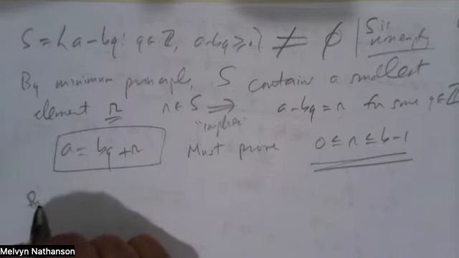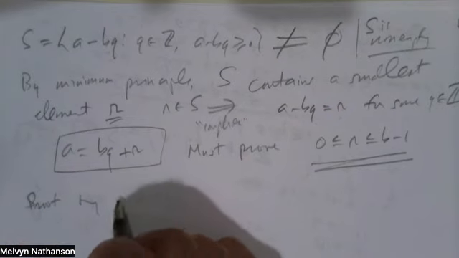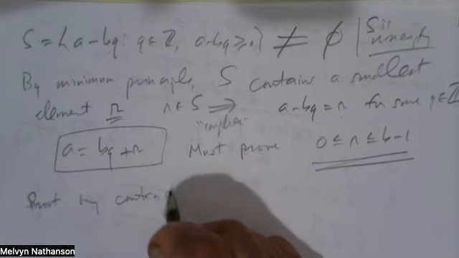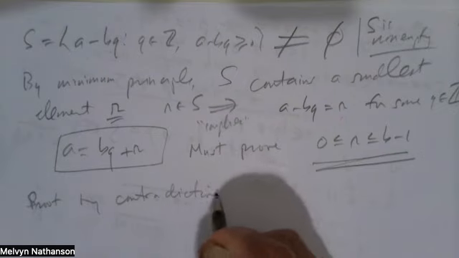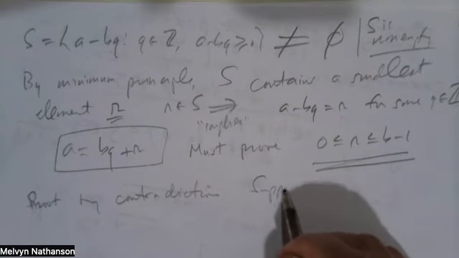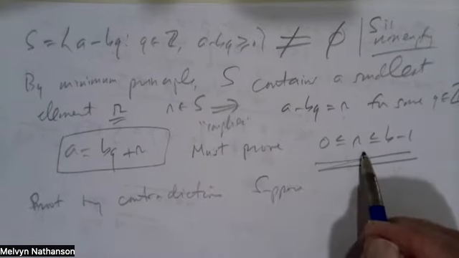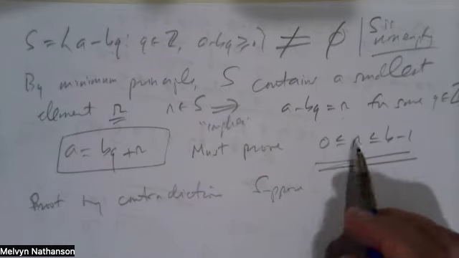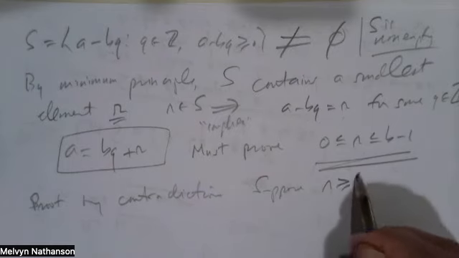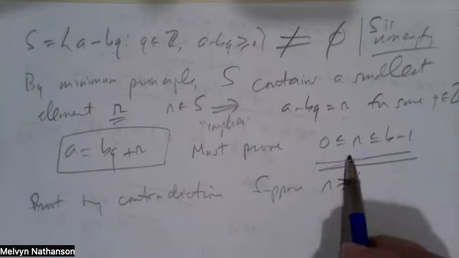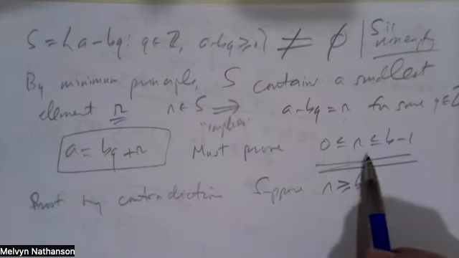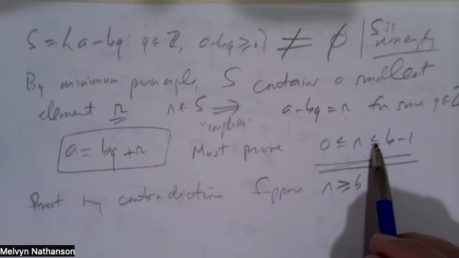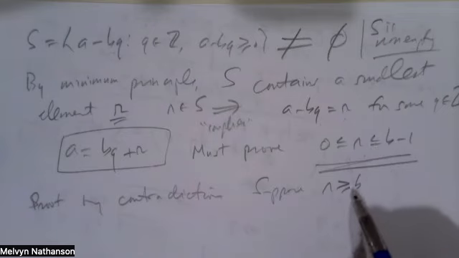So let's do what is called a proof by contradiction. Suppose this is false. If this is false, R is greater than or equal to B, right? R is an integer. If it's not less than or equal to B minus 1, it's greater than or equal to B.